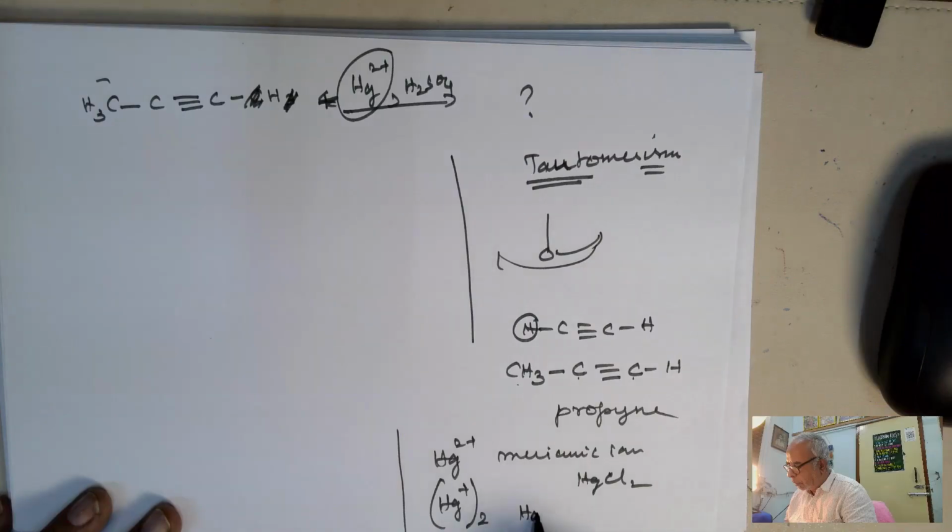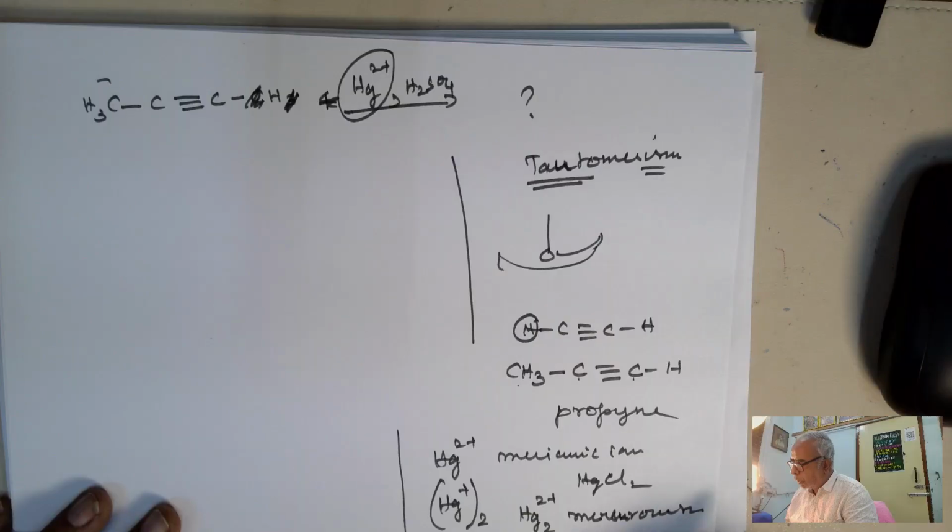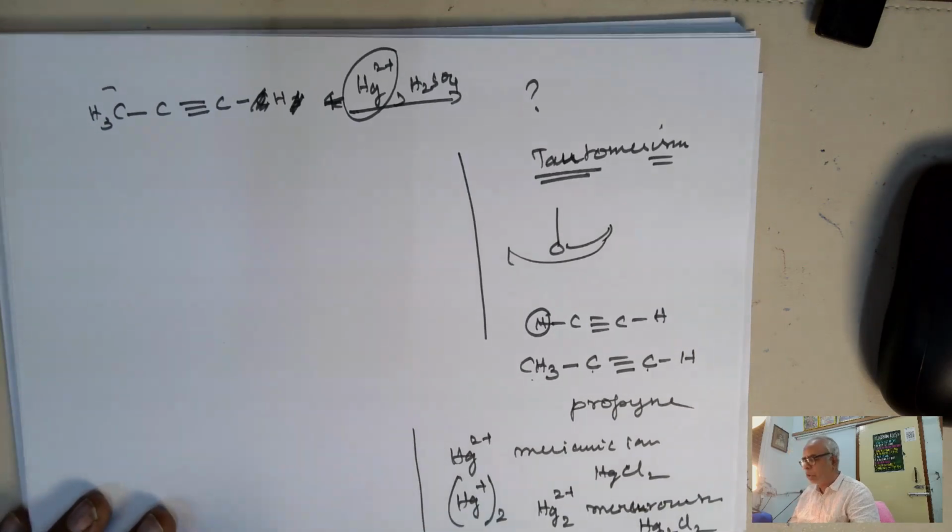So it's represented as Hg2 2+. This is called mercurous ion, or you can call it mercury 1 ion, mercury 2 ion. And the formula for this one is Hg2Cl2, mercurous chloride.